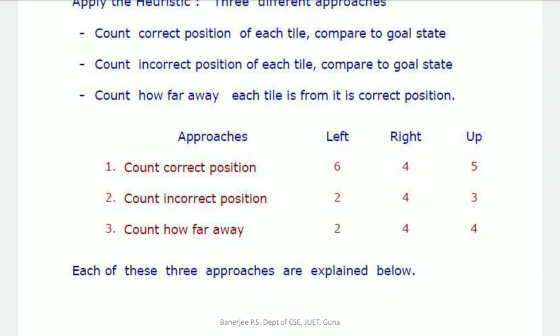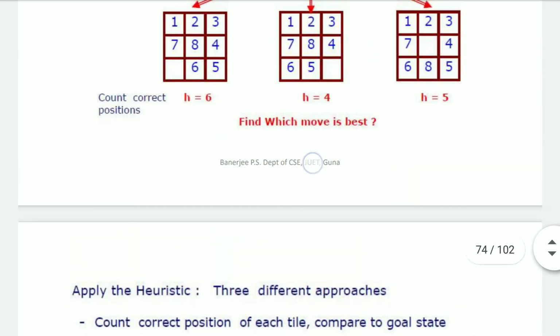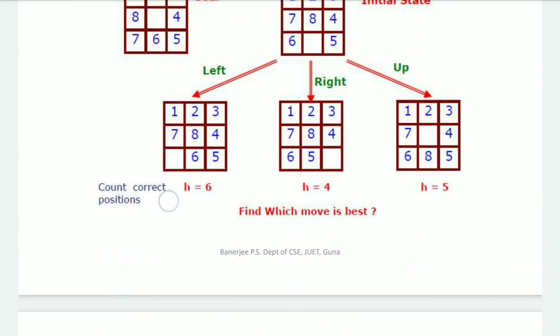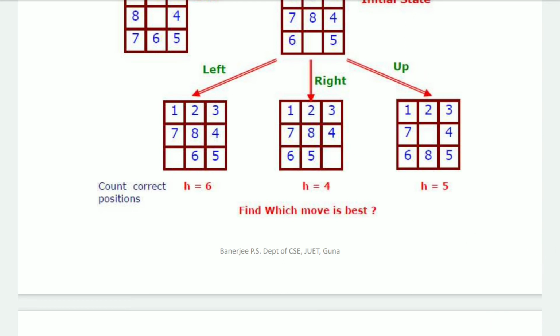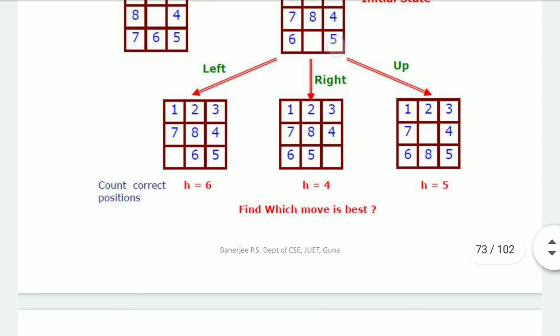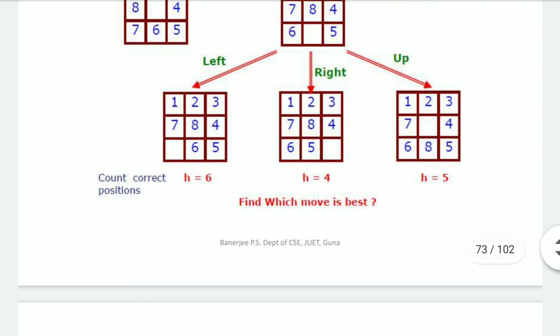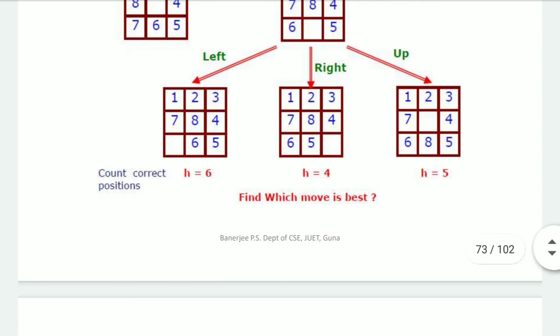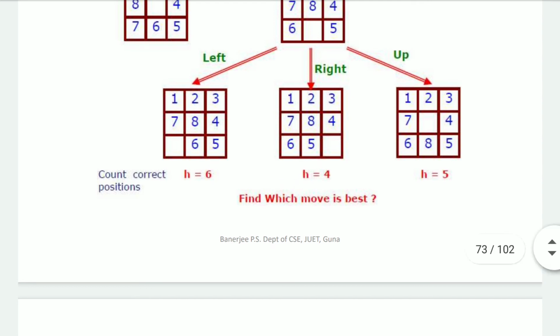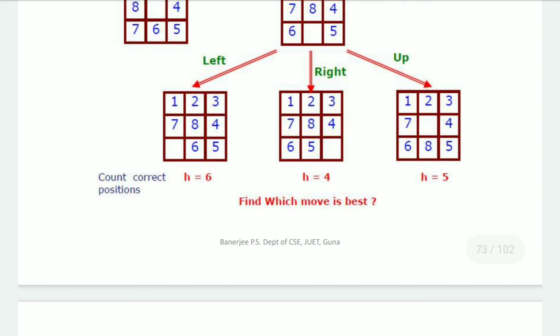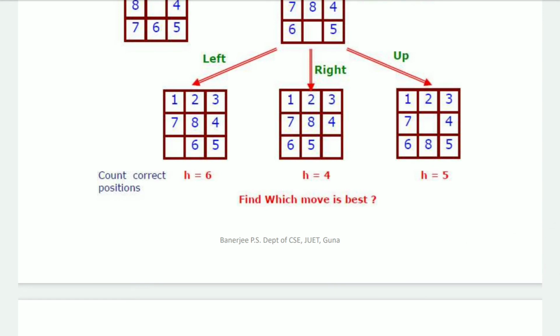Now let us see. Counting the correct position is nothing but the value of h itself, which you have computed here. H is 6: how many elements after the blank element's left move are at the correct position is 6. How many elements after the blank moves right are at the correct position, h equal to 4. How many elements are at the correct position after the blank element's up move, h equal to 5.